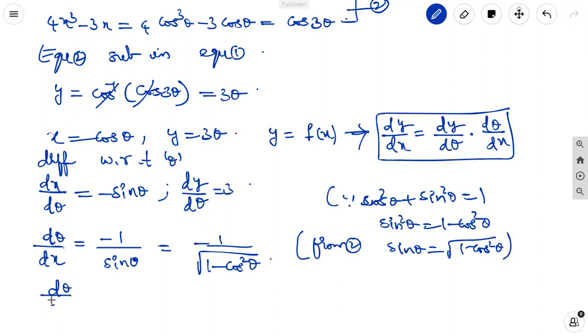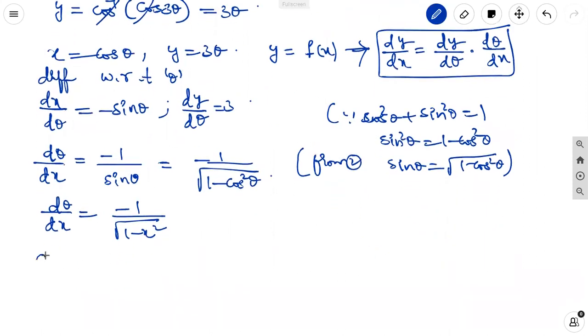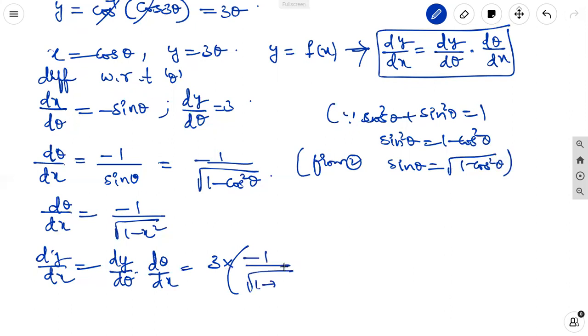So d theta by dx equal to minus 1 by under root of 1 minus x square. Therefore dy by dx equal to dy by d theta into d theta by dx, that is equal to 3 into minus 1 by under root of 1 minus x square, that is equal to minus 3 by under root of 1 minus x square. It is a solution.